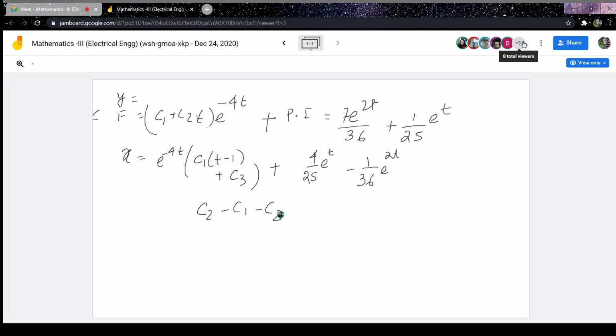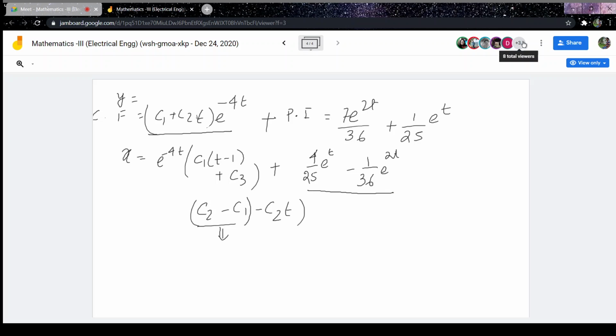Yes. So you can consider C2 minus C1 as another constant. So there will be some constant plus C2 into t, e to the power minus 4t. The form will be like this, and you have got this particular integral 4 by 25 and minus 1 by 36. Yes, ma'am.